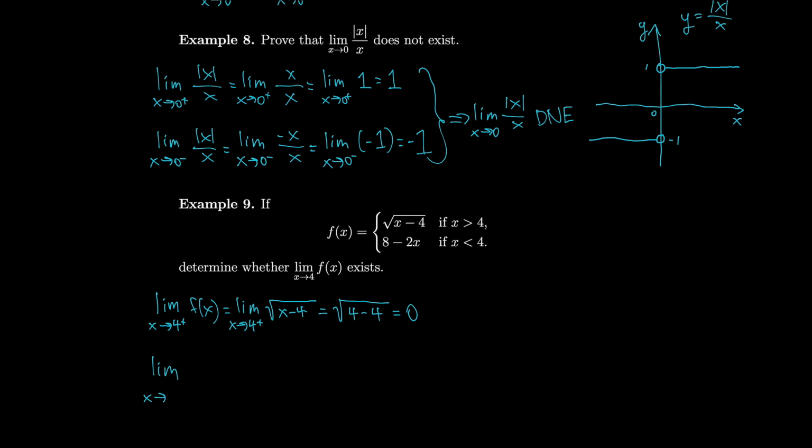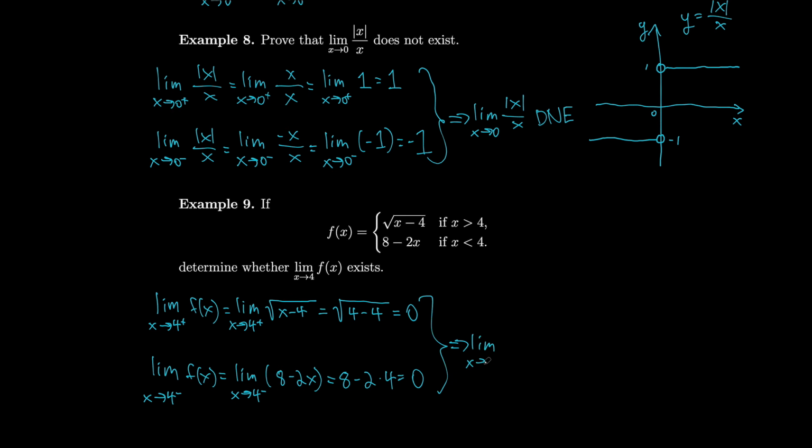If we look at the limit as x approaches 4 from the left of f of x, then that becomes the limit of a polynomial, which we love because we can just use direct substitution and get 8 minus 2 times 4, which is 8 minus 8, which is 0. So the limits agree. That's wonderful.